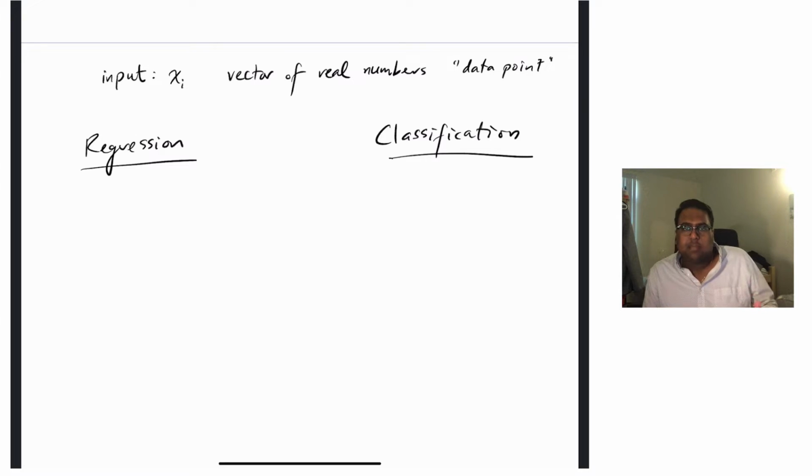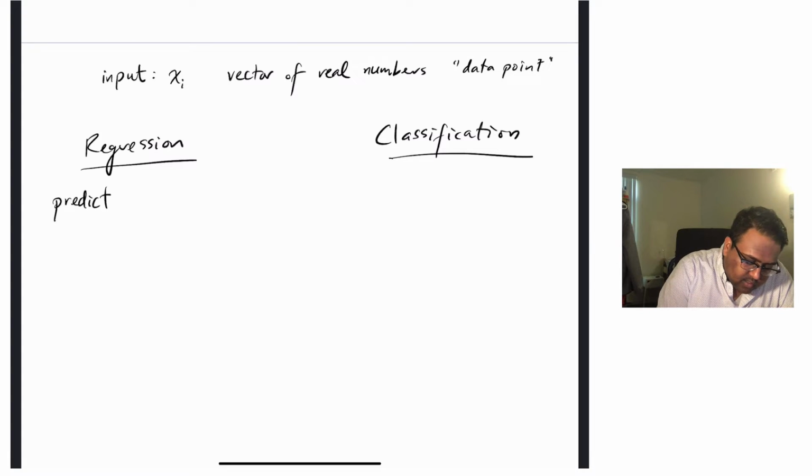So for example, given a student's midterm 1 and midterm 2 scores, you want to predict what their final exam grade will be, or something like that. So predict a real number.